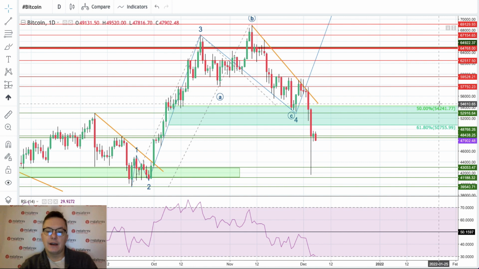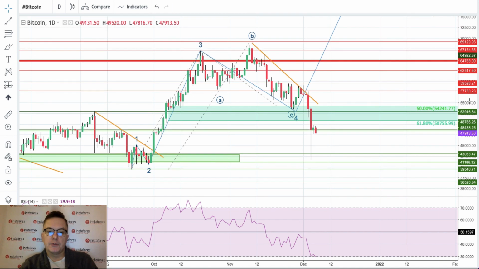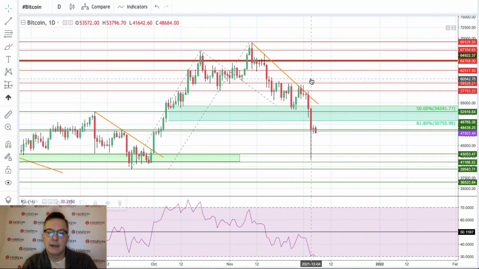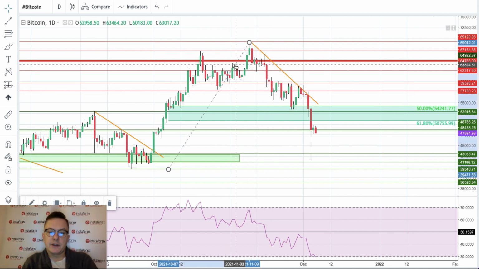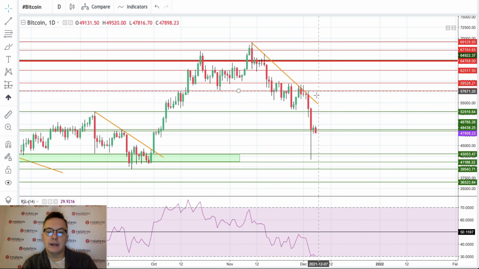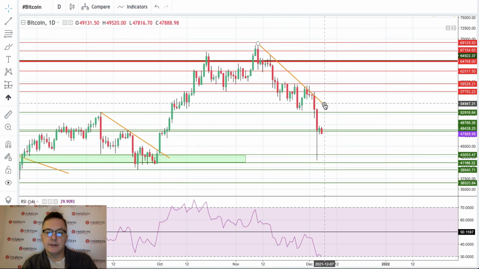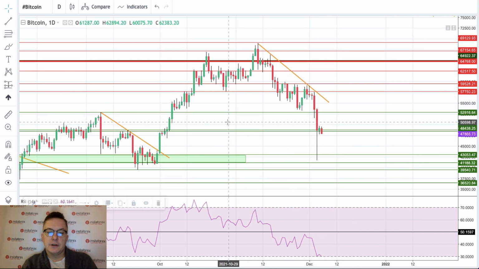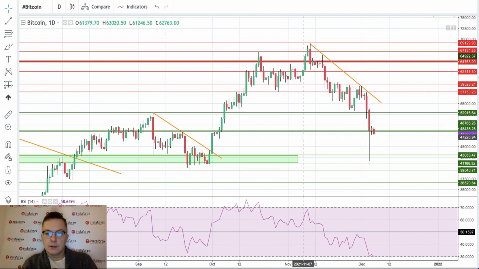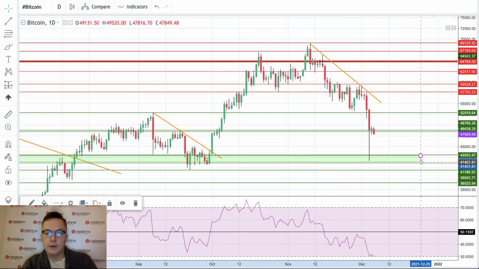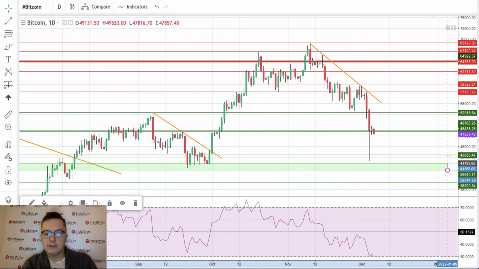The recent sell-off has invalidated our point of view, which means first that this ABC correction was not correct. This 1, 2, 3, 4 projections, Elliott wave count was not actually correct, and what is going on here is a clear situation where we are now testing the key technical zone, of course, but this is like a demand zone.